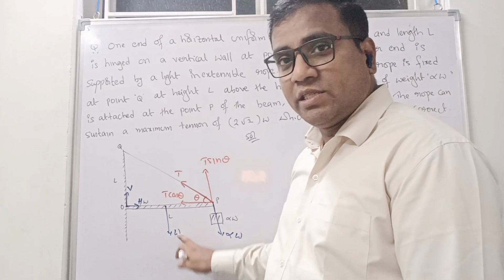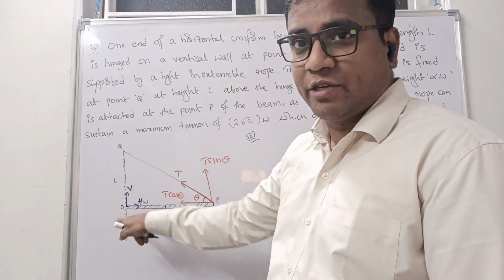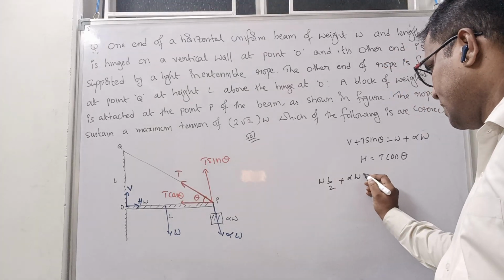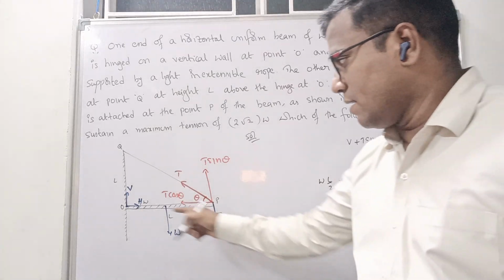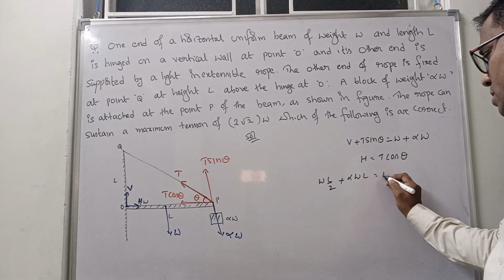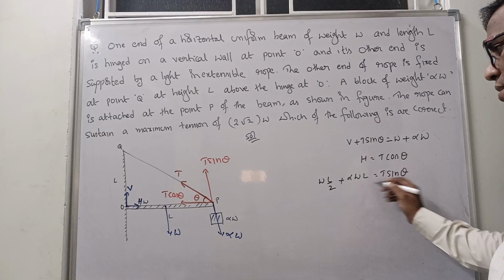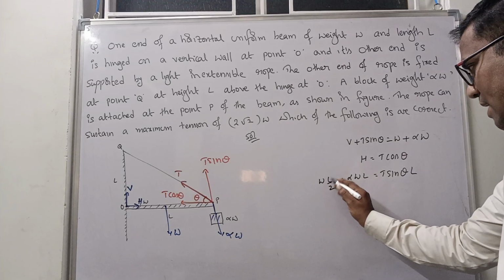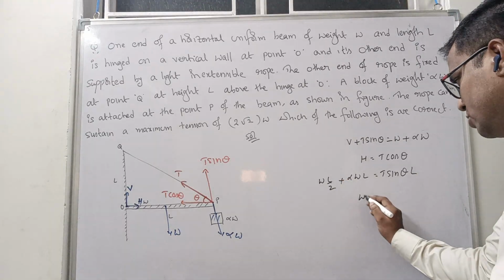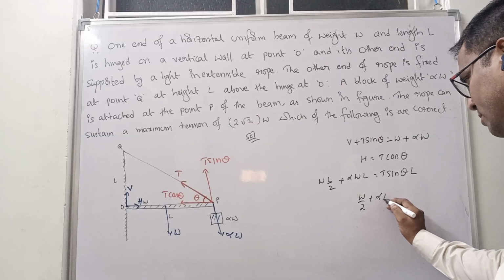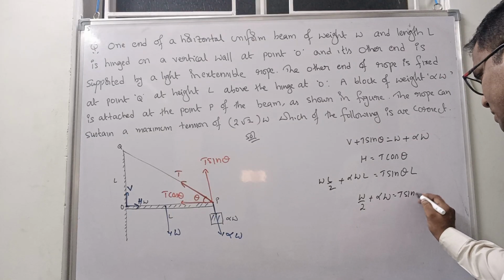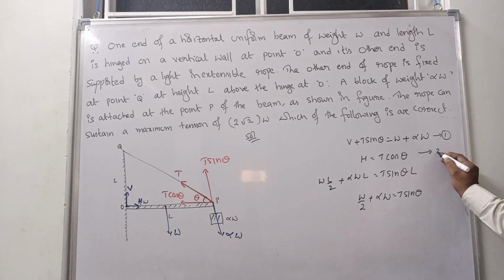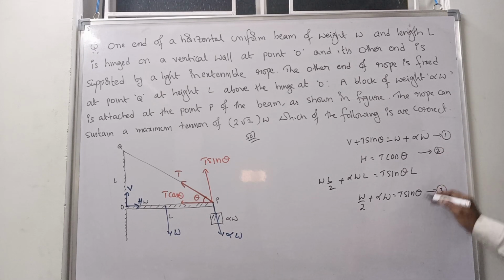W is the downward force, perpendicular distance is L by 2, plus alpha W into L, which is equal to T sin theta into L. So L gets cancelled, so W by 2 plus alpha W is equal to T sin theta. Clear? I will write this is 1, this is 2, and this one is 3.